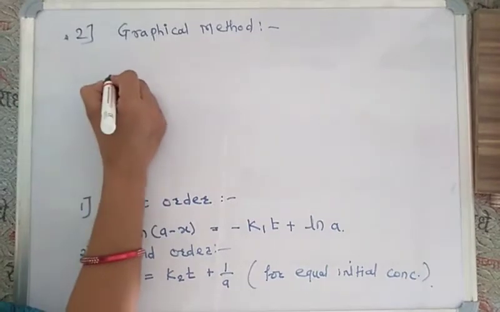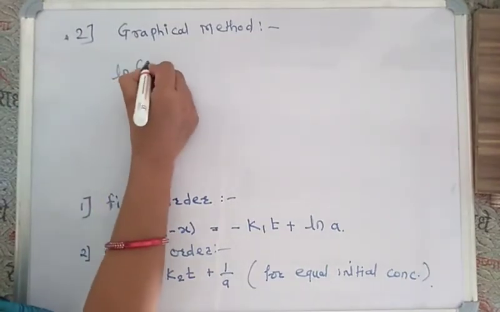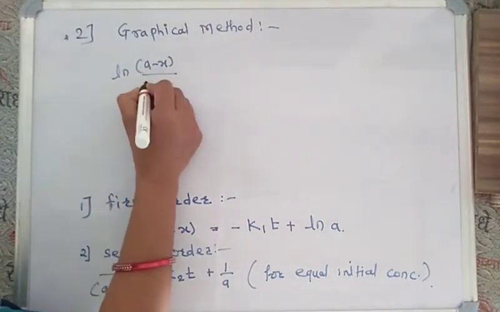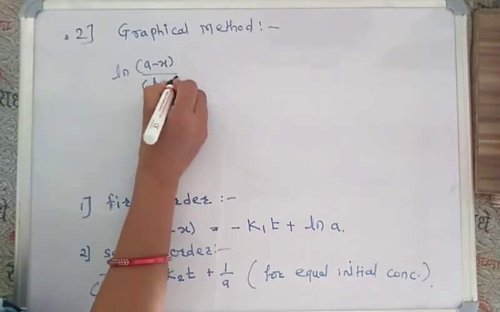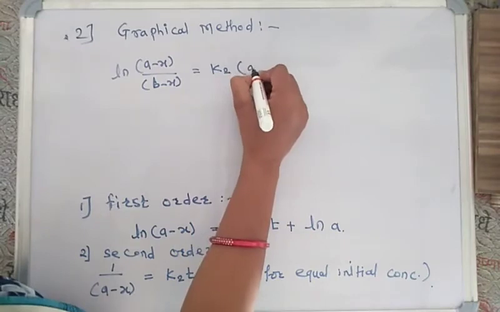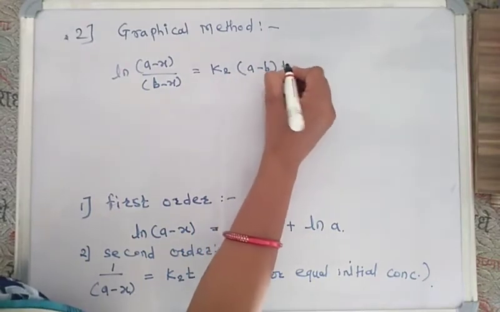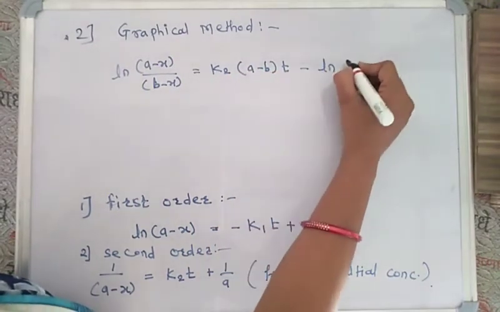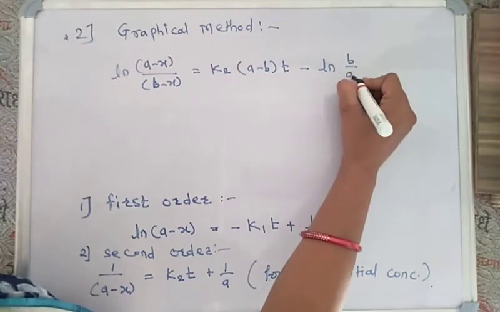That is, ln of (a minus x) divided by (b minus x) equals k2 into (a minus b) into t minus ln of b upon a.